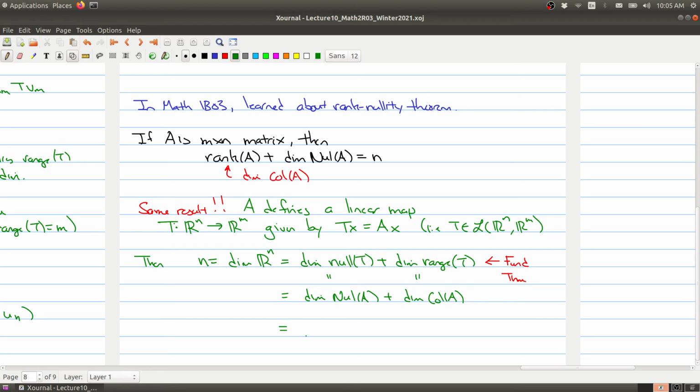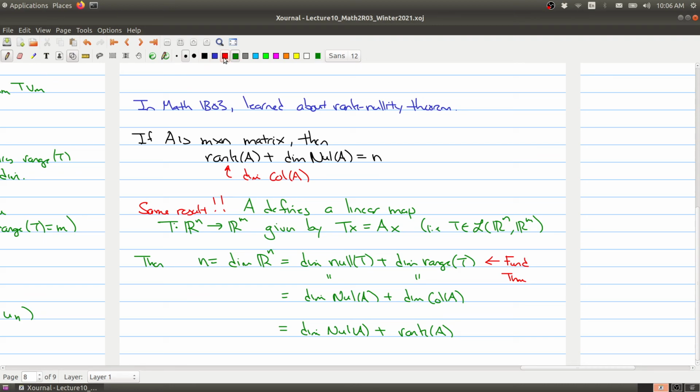Another way to think about this is the dimension of the null space of A plus the rank of A, because the rank of A denotes the dimension of the column space of A.